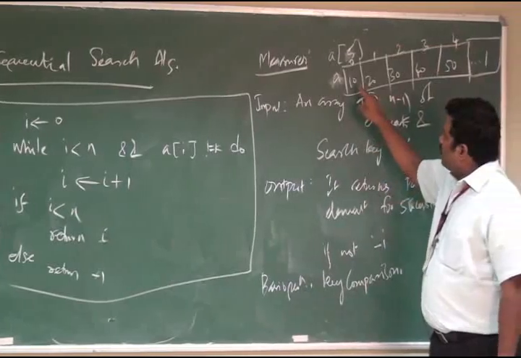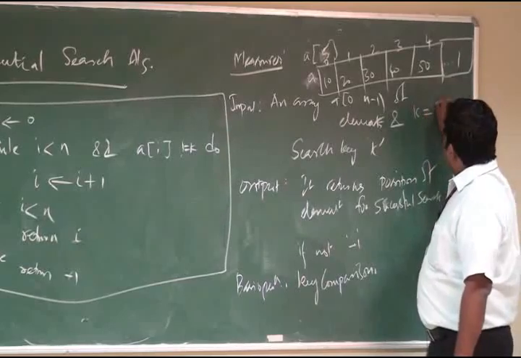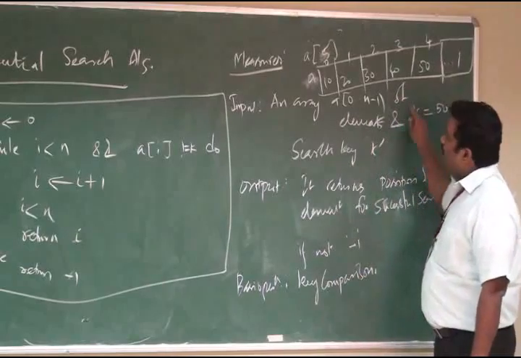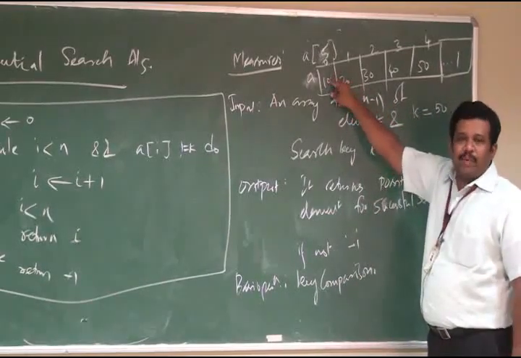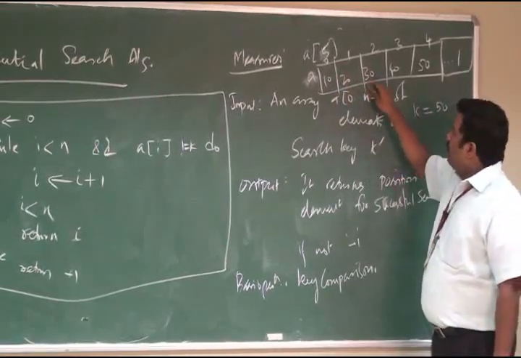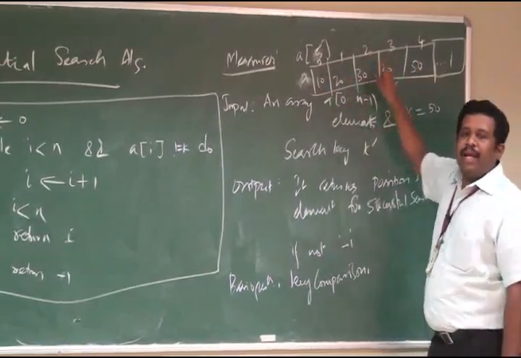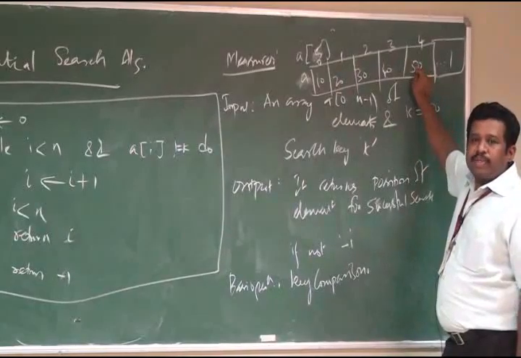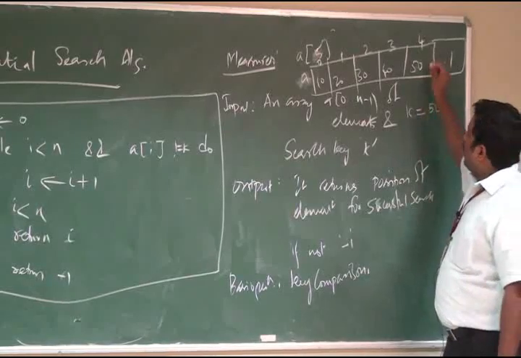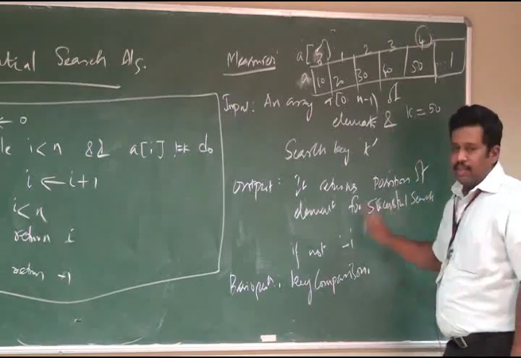Assume the data elements are 10, 20, 30, 40 and 50, and you want to search for the data element 50. The algorithm compares the search key with the list of n elements sequentially. First 50 is compared to 10, then 20, 30, 40 and 50. It moves from the initial position of the array toward the end position, proceeding until the element is found. If the search is successful, it returns the position of the element. If it is not available, it returns -1.